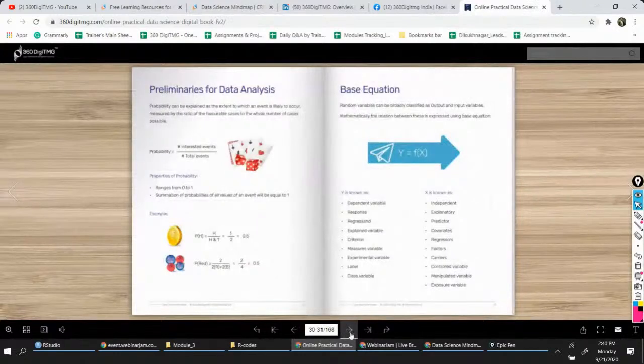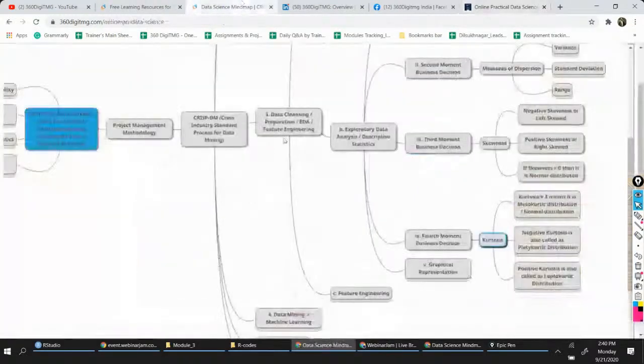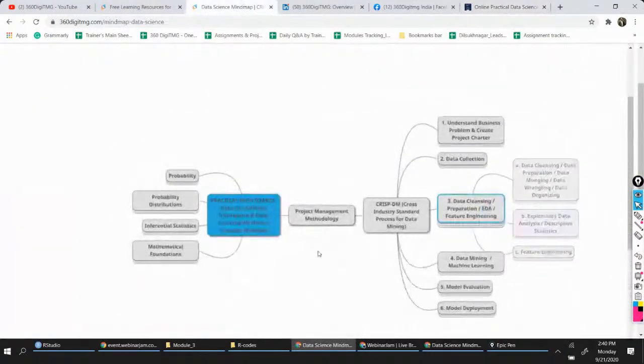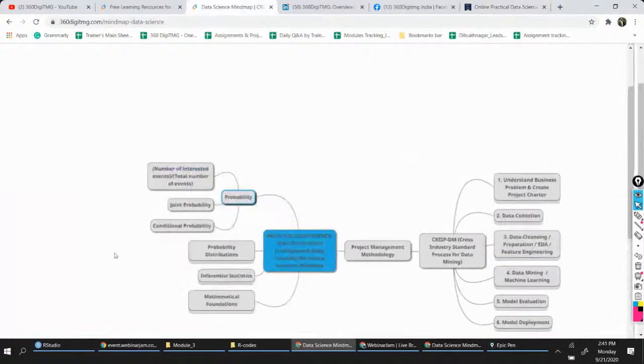Chance of an event occurrence. Very good. So probability is nothing but interested events by total number of events. So let me reduce all this. We'll come here. So probability is nothing but interested events by total events.